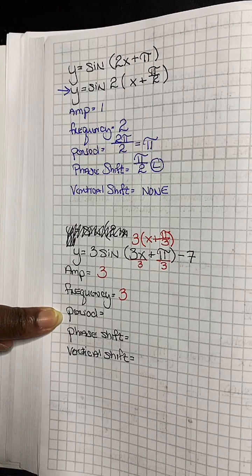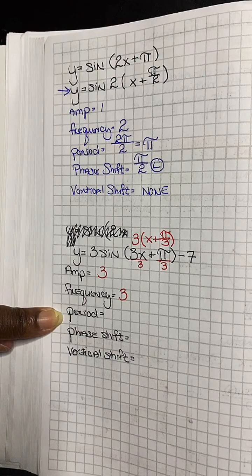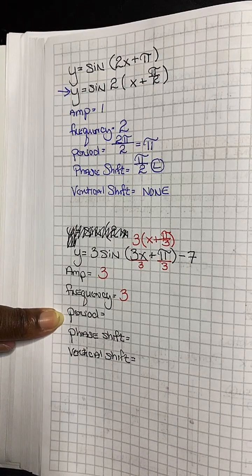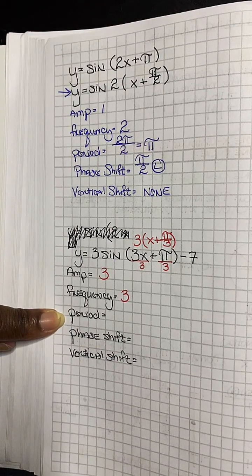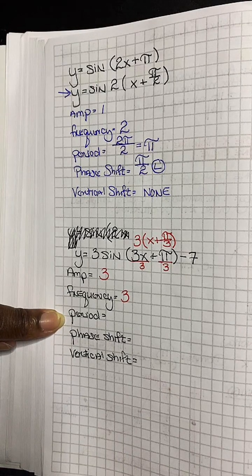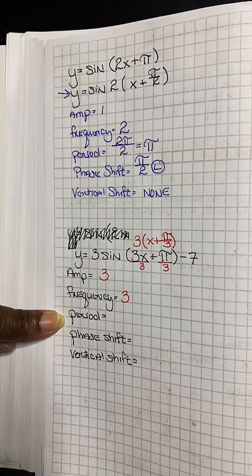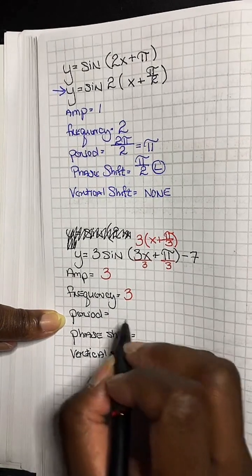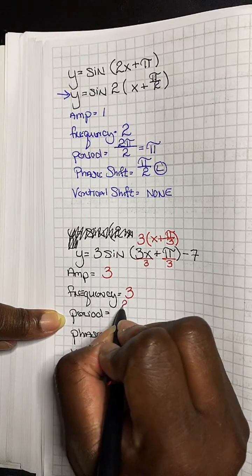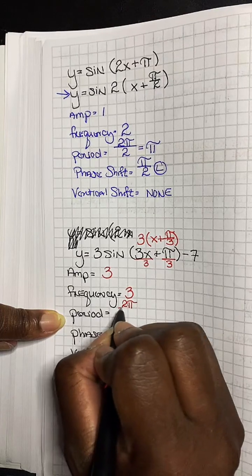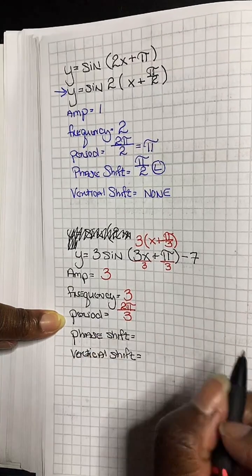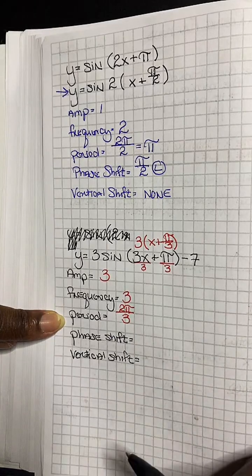Okay, 2 pi over 3. Do we agree? Yes. Because remember, we're going to take our 2 pi over our frequency. So 2 pi over 3.